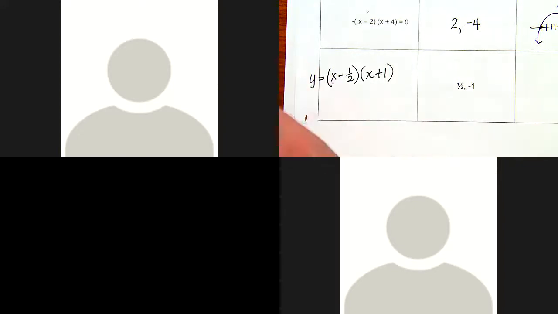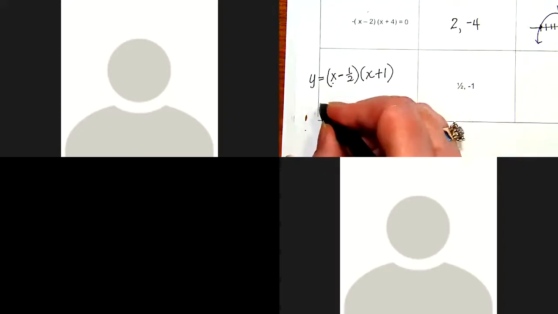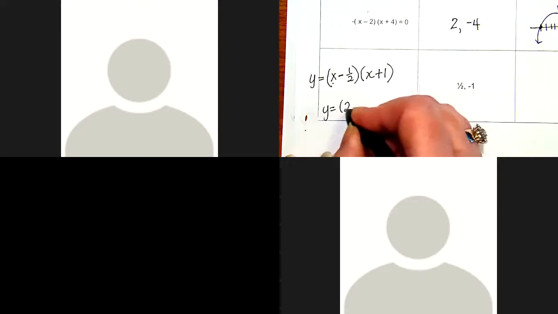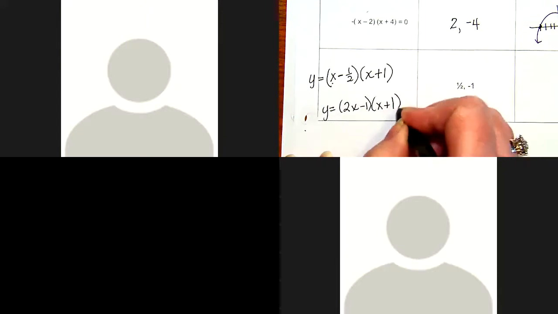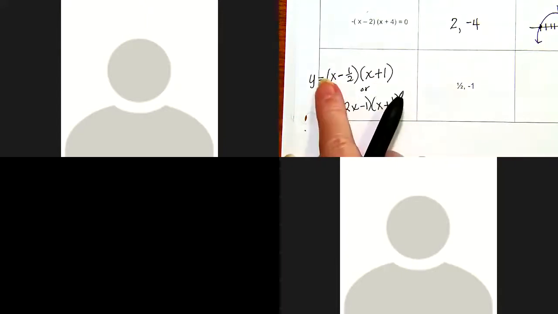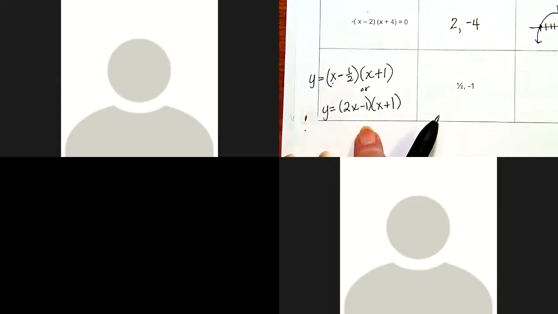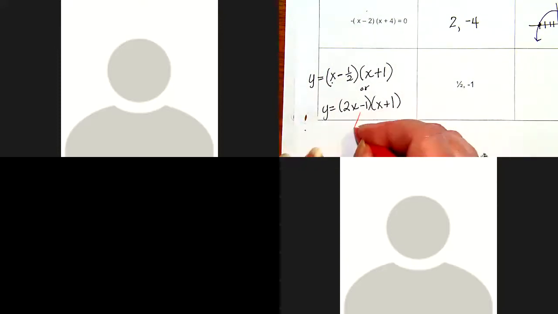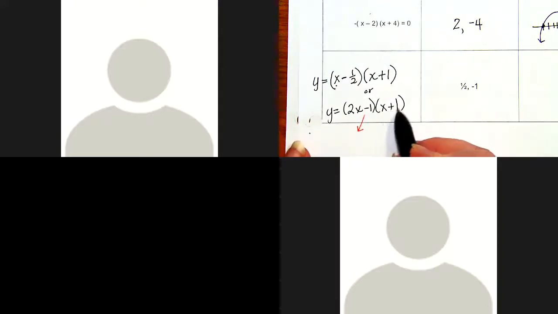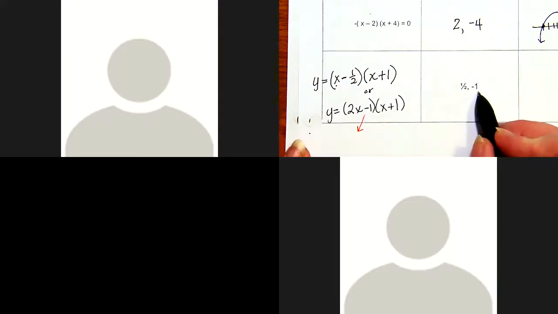But I want to show you what this is also equal to. These are the same equations, and I can prove it to you. I can take this one here. If I do the opposite, this is plus 1, so it's minus 1.